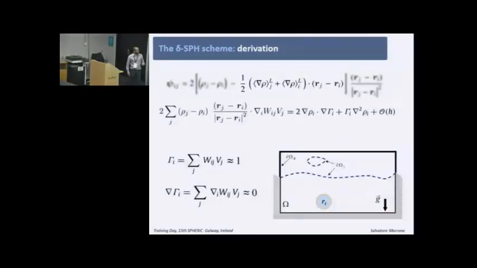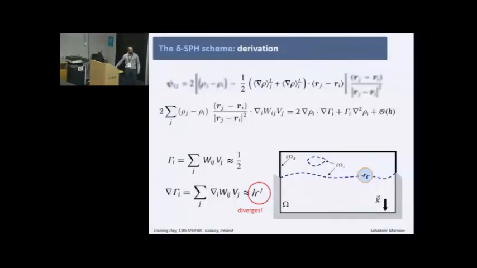And as Matteo told you, gamma is generally equal to 1 inside the fluid, and gradient of gamma is equal to 0 inside the fluid. But for example, if we are exactly on the free surface, gamma is 1/2, and the gradient of gamma diverges as 1 over h. So it means that this term becomes very large when we increase the resolution.